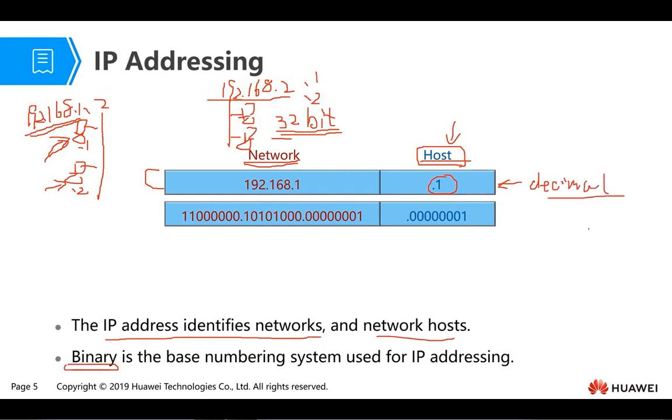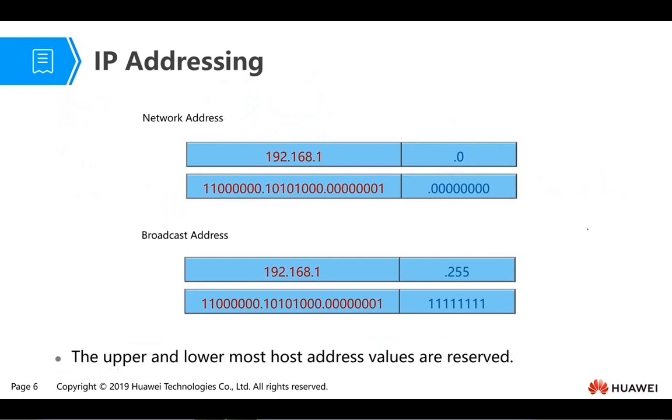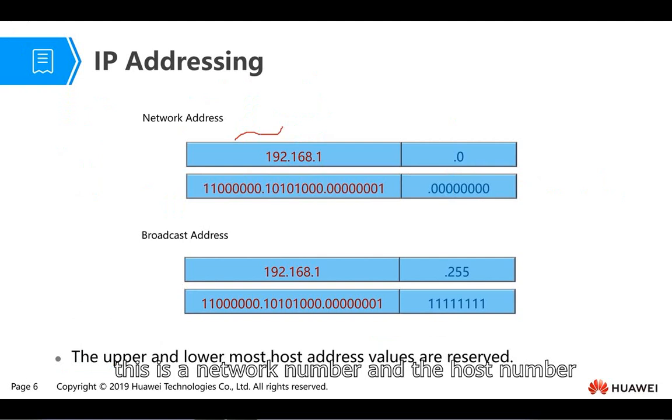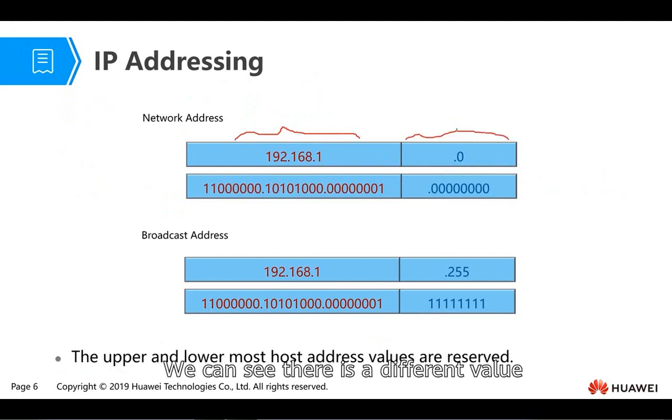Yeah, this is a decimal format. And then in the IP address, there are some special values. Now this is the network number, and for the host number we can see there are different values, but two special values we cannot assign to a host.